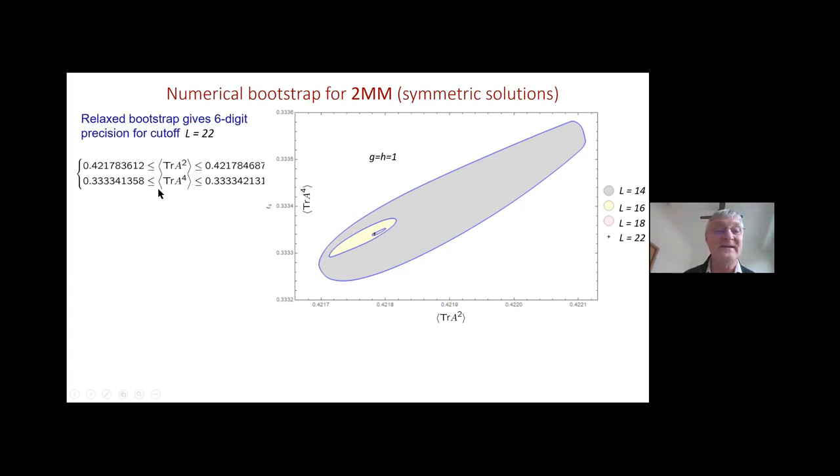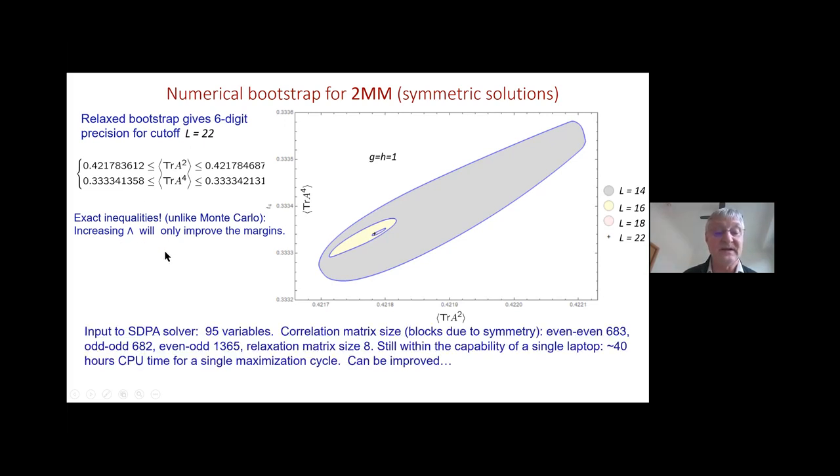And the results are with 6-digit precision for these two moments. I forgot to say it's just two moments, trace A square and trace A4. These are exact equalities, unlike the Monte Carlo, which gives a statistical error. Increasing cutoff, we can only improve them.